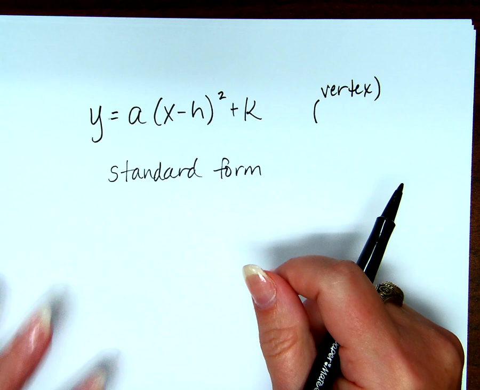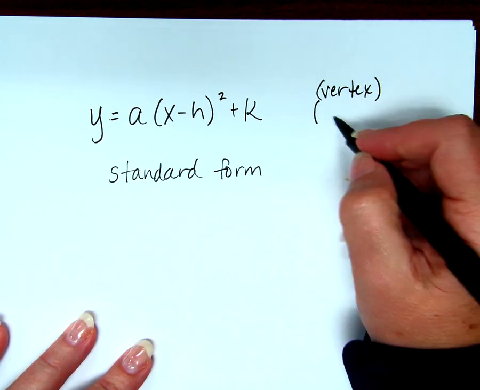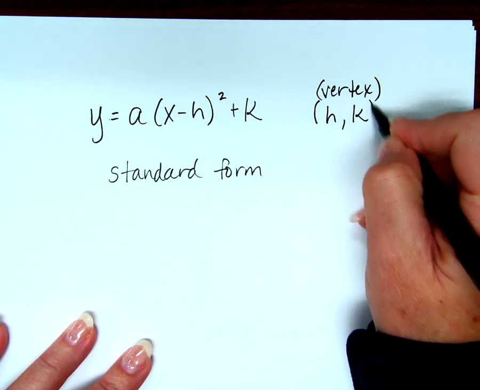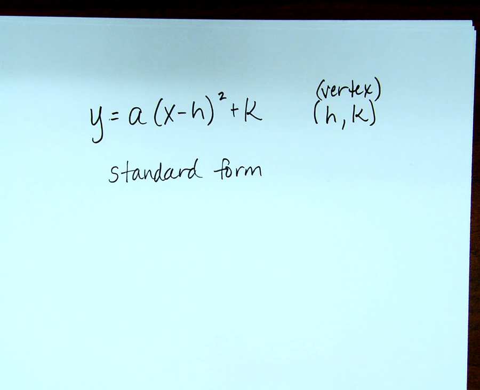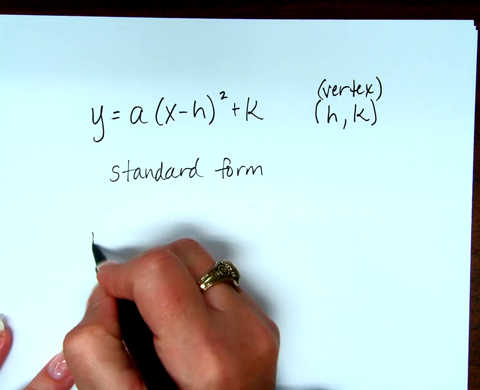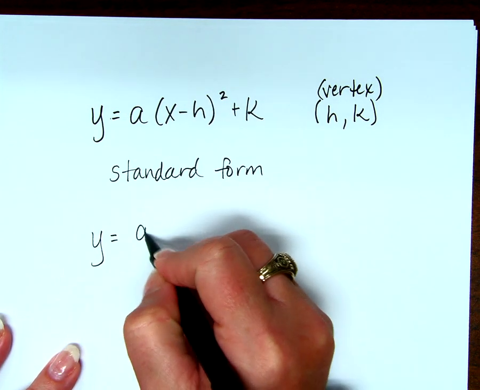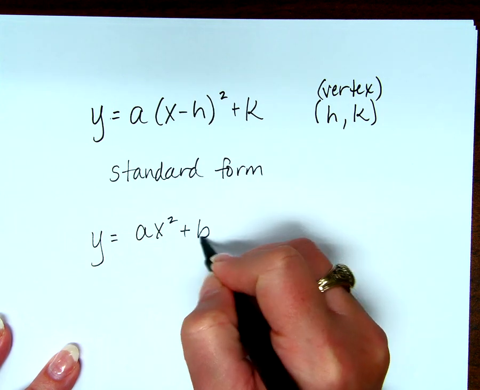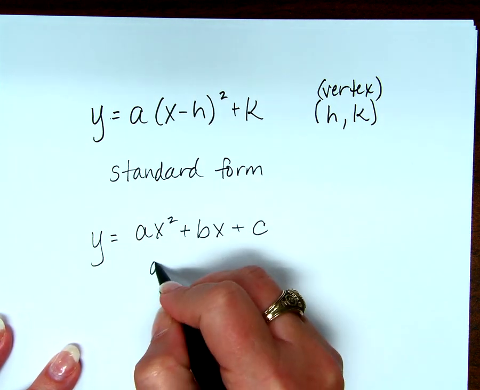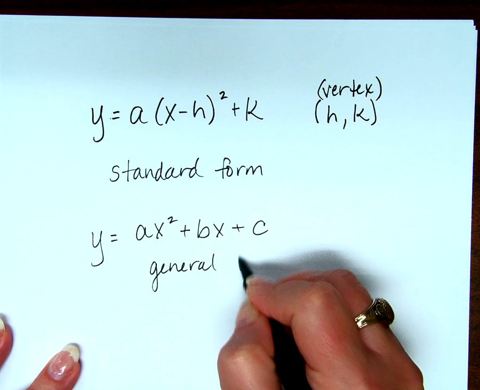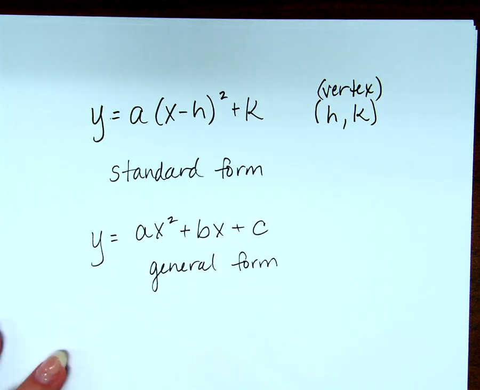Where is the vertex in this form? h, k. Okay? This is what we called standard form. They call it general form. Pretty easy switcheroo here. Just clearing up vocabulary issues, okay?